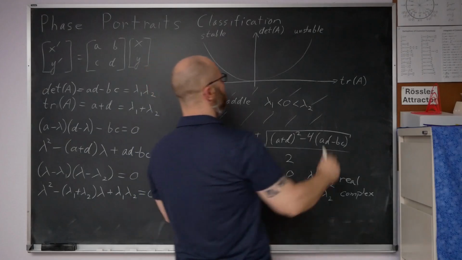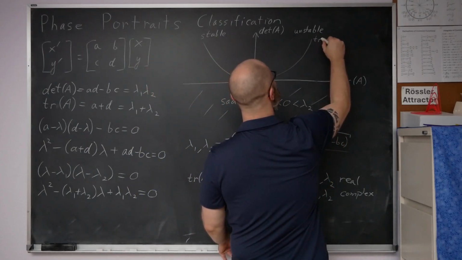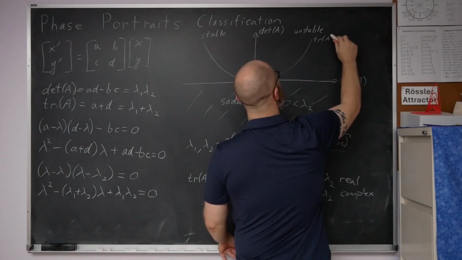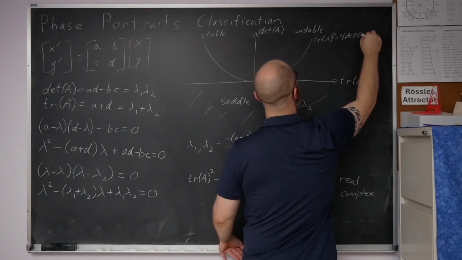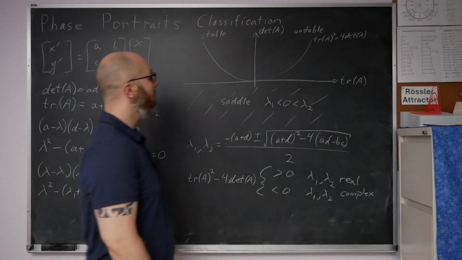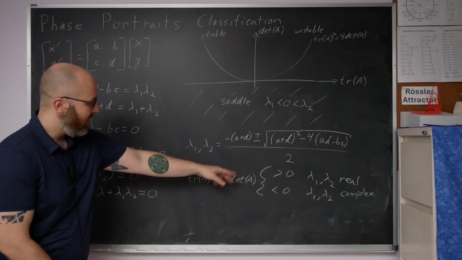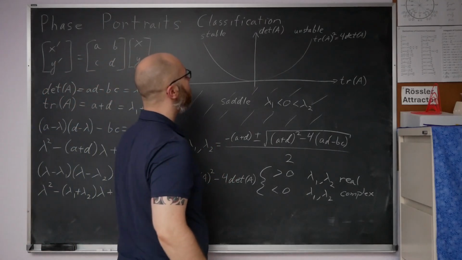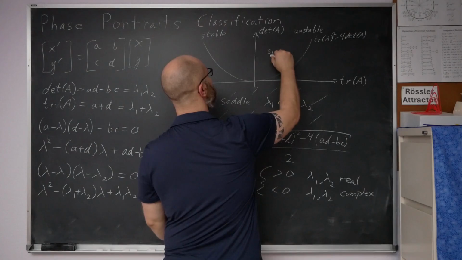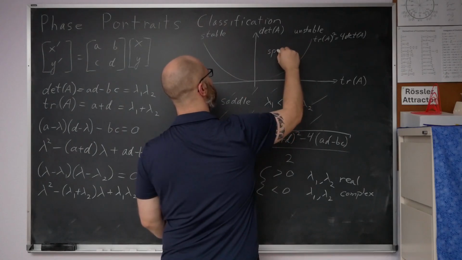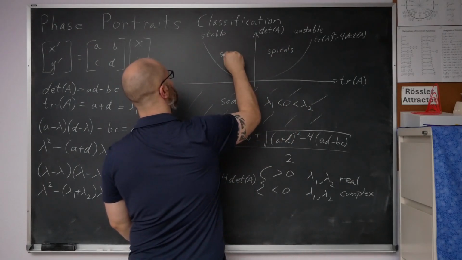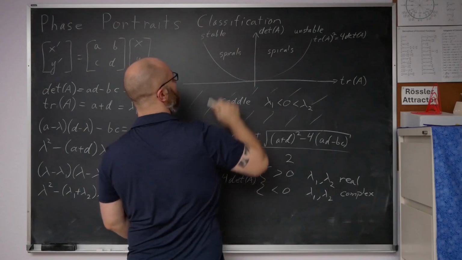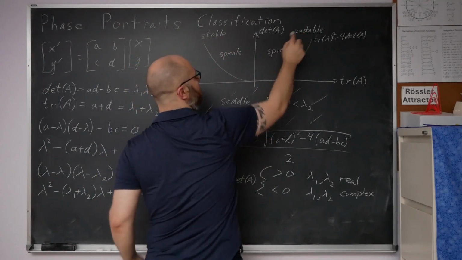The equation of this line is trace of A squared equals 4 determinant of A. And then keeping careful track of less than and greater than, inside the parabola we'll have spirals. And spirals here, and then stable spirals, unstable spirals.